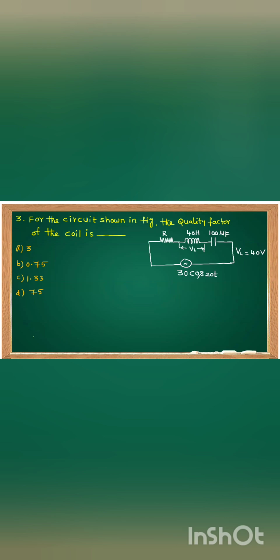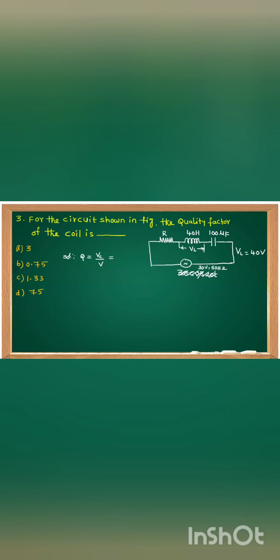Simply you can calculate it. Generally, quality factor is calculated at resonance condition only. The quality factor equal to VC by V. Actually this is 30 volts, 50 hertz. Okay. Then VC by V, voltage across the capacitor by supply voltage.